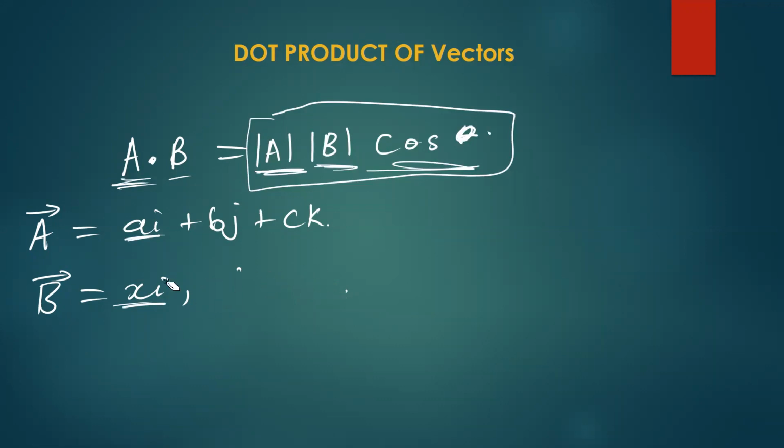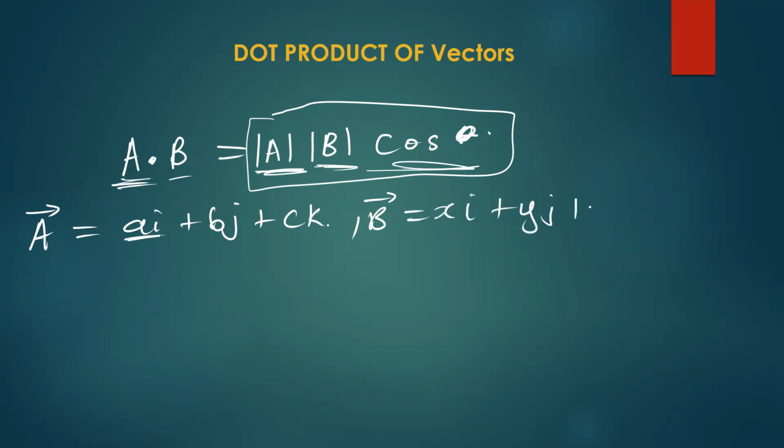If they ask you to find A dot B, where B is XI plus YJ plus ZK, then A dot B is simply just the normal multiplication of vectors.